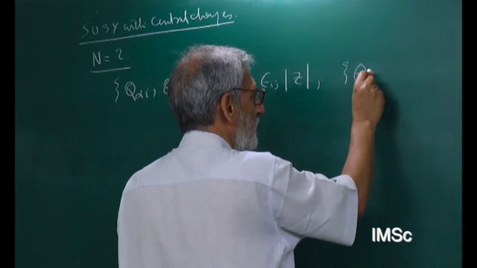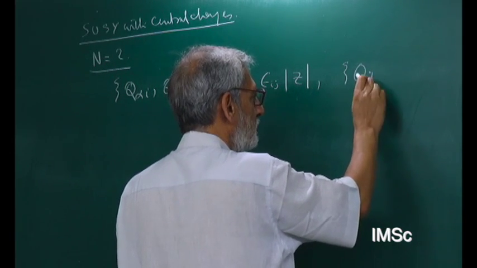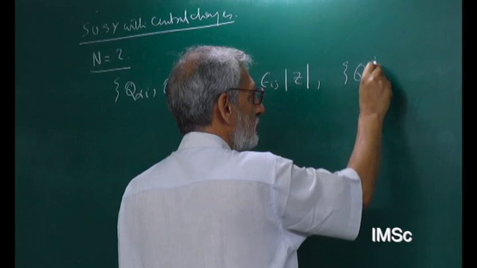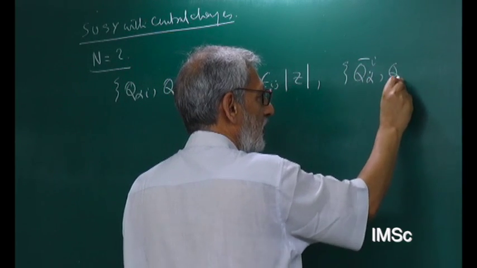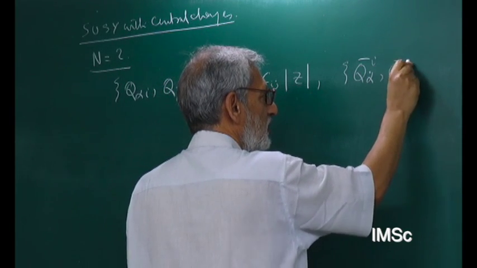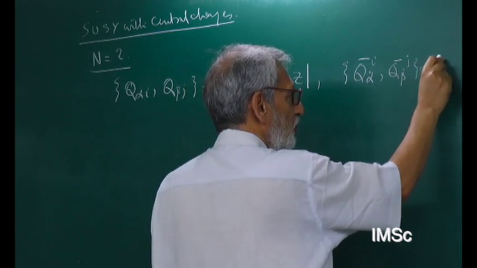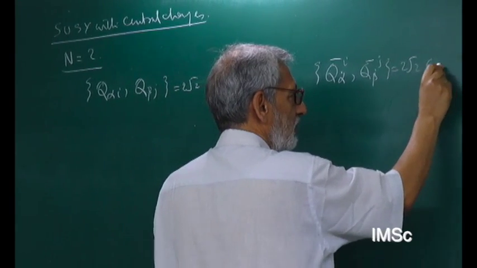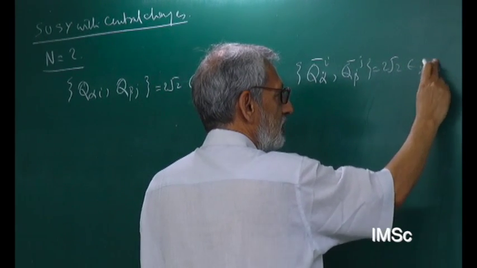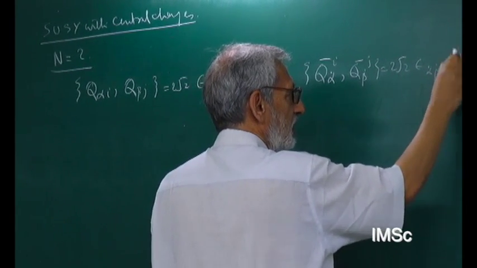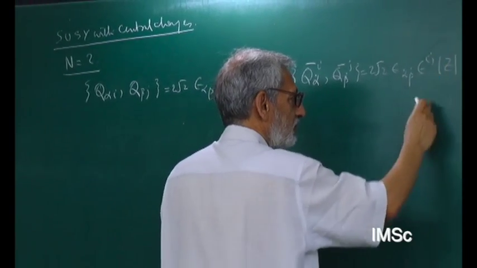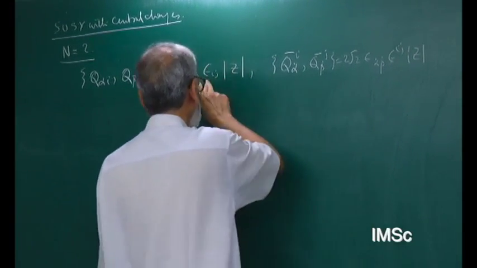And for conjugate charges, Q bar beta dot J is 2 root 2 epsilon alpha dot beta dot epsilon I J mod Z. Epsilon I J with upper indices is the inverse of this.